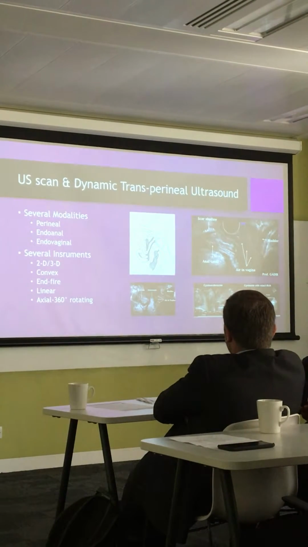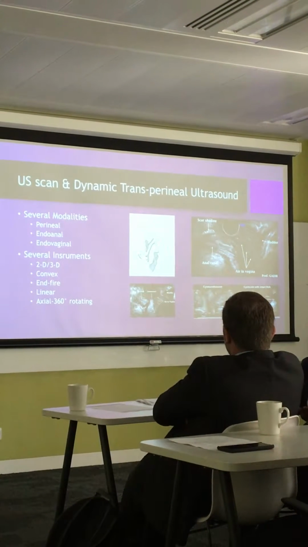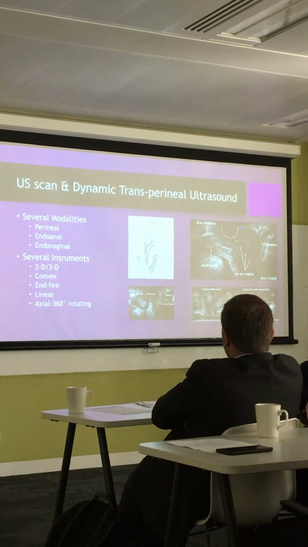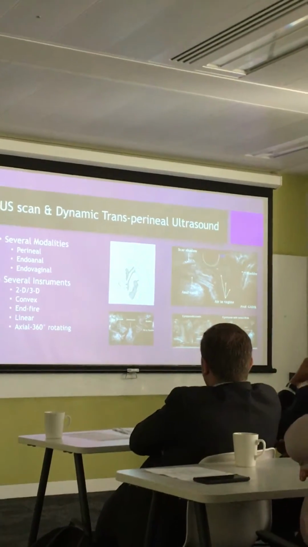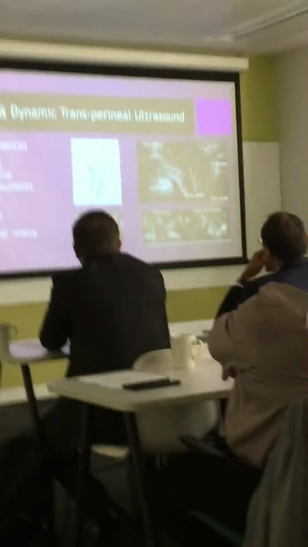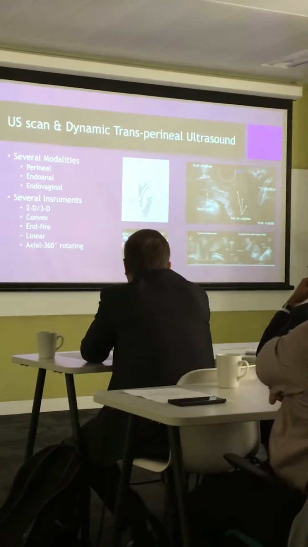What about ultrasound for chronic constipation and to diagnose the anatomical condition of the lower rectum? It's definitely a promising technique. It's much easier, it's very available. The problem is that it's a new technique, and one of the main limitations is that it's done in several modalities, like perineal, endoanal, and vaginal, with many different instruments.